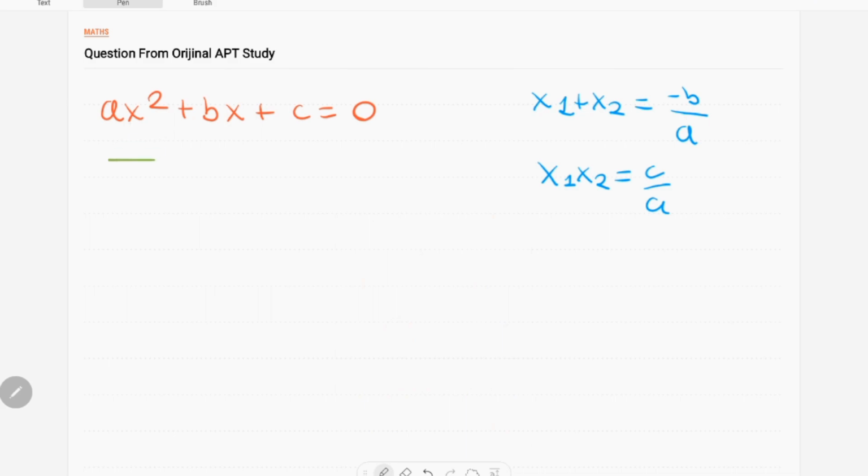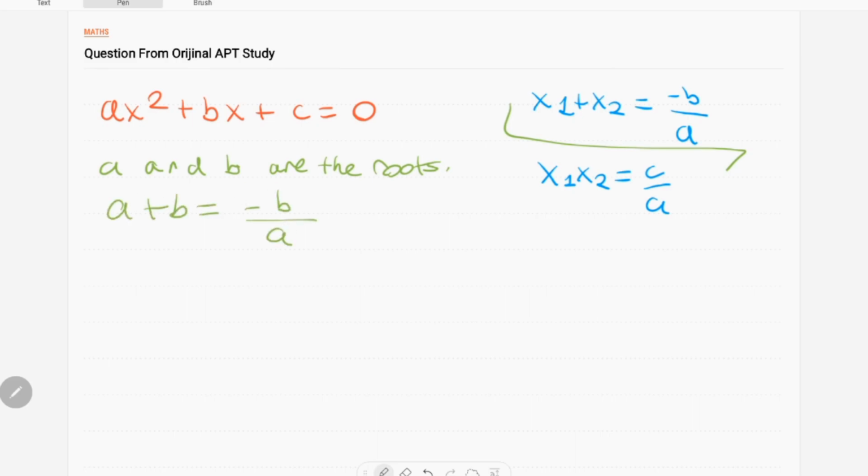As I know, because a and b are the roots, a plus b is minus b divided by a.